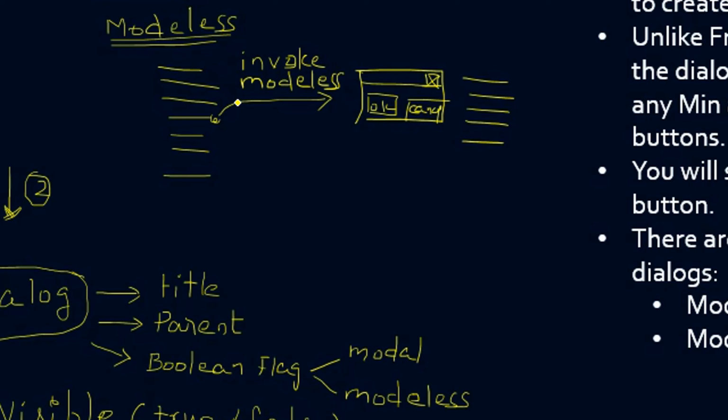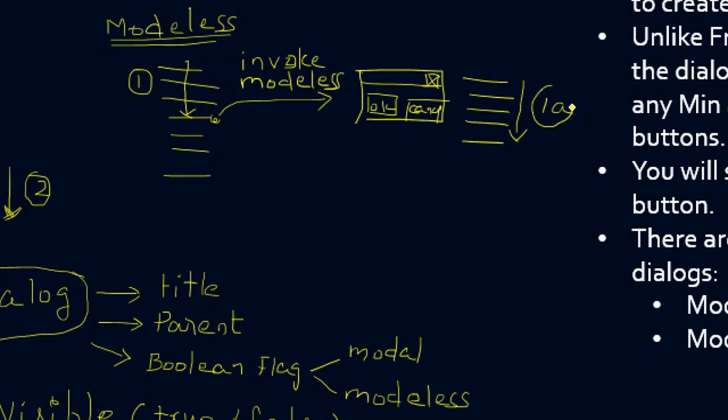So here if you see, previously we invoked the dialog as modal. Now let's assume we are invoking the dialog as modeless. It has some controls. What happens, the flow runs here 1, and there will be execution here as well. We will call it 1A.